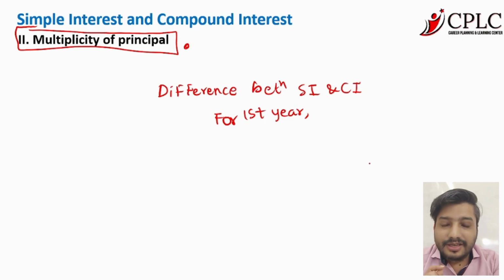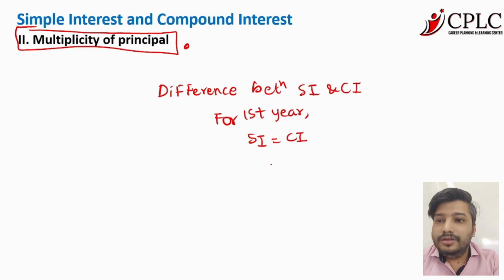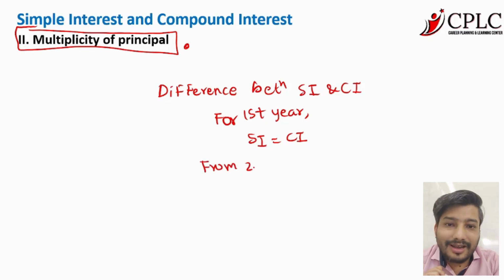So for the first year there is no difference between SI and CI because they both are the same. So the difference actually starts coming from the second year onwards.